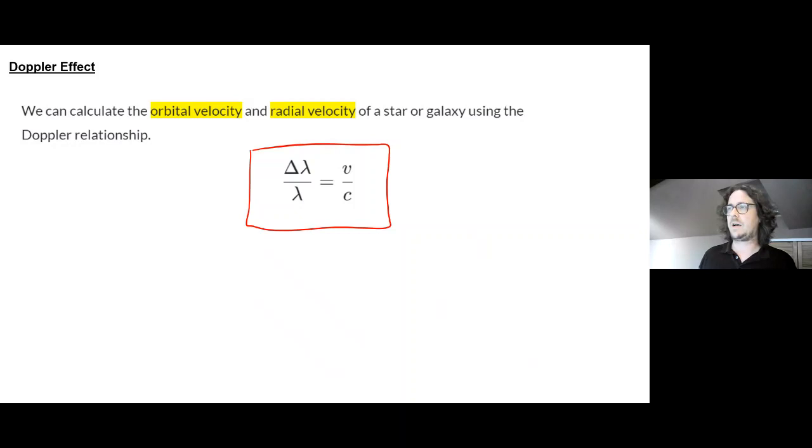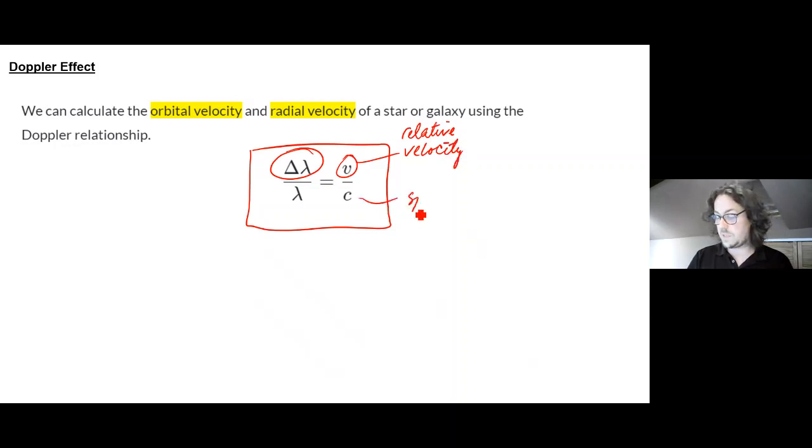So if we have a light source moving away from us, it causes a change in the wavelength, and in particular, an increase in the wavelength of light that it's producing. This would be the velocity, or I should maybe say the relative velocity. Einstein would prefer that. And then finally, this is the speed of light.